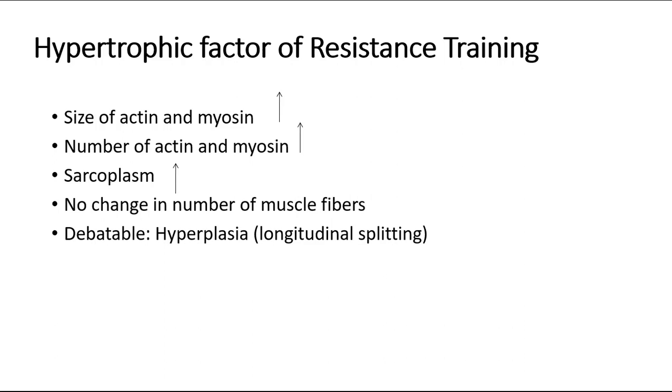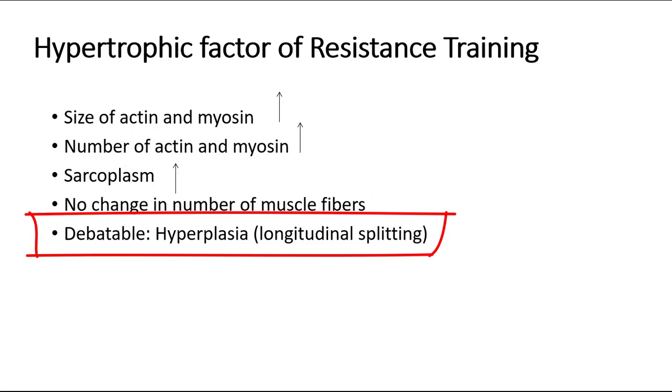So this could be explained by size of actin and myosin and number of actin and myosin and more sarcoplasm. However, no change in number of muscle fiber because we talk about hypertrophy. So it's very debatable. Hyperplasia, the longitudinal splitting, this is only for animal.